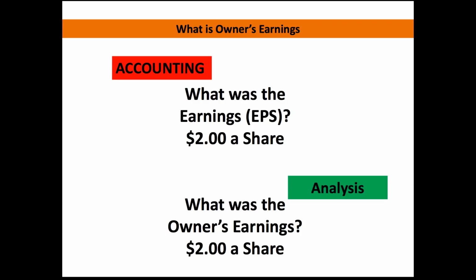The reason that the owner's earnings was $2 is because we earned $1 in the dividend, and we actually saw the $1 that was being reinvested into the company actually materialize in the book value. So in that scenario, the actual accounting earnings being reported were exactly the same as the owner's earnings.